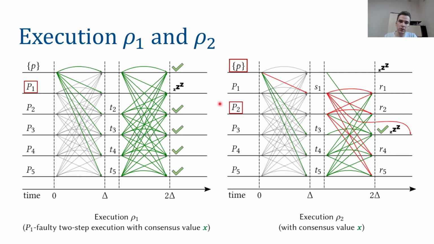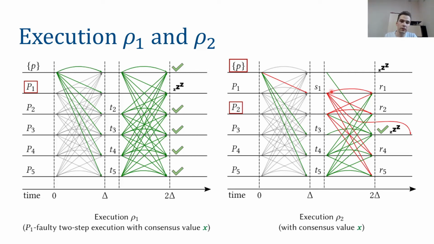Additionally, the processes in group P2 are Byzantine and they cooperate with process P. The processes in group P3 pretend that they have received the same message as in execution row 1. This is represented by the green arrow from P2 to P3 in the second round. For all other processes, they act in the same way as in execution row 5, which is represented by red arrows to all other groups.